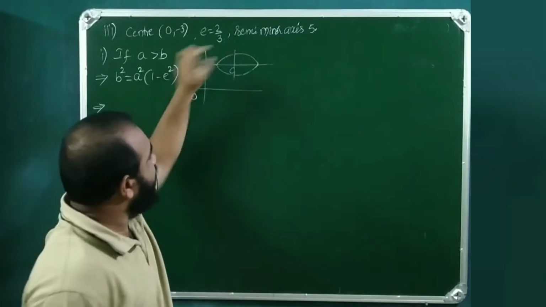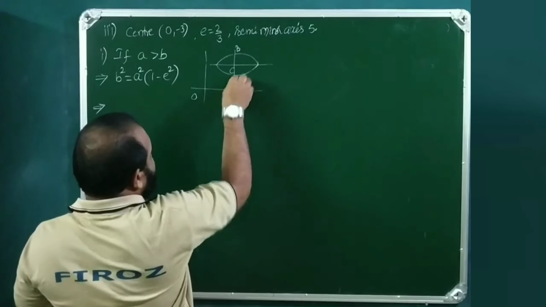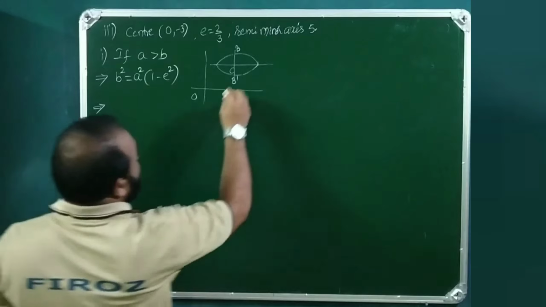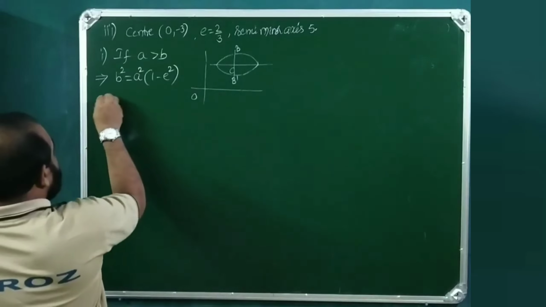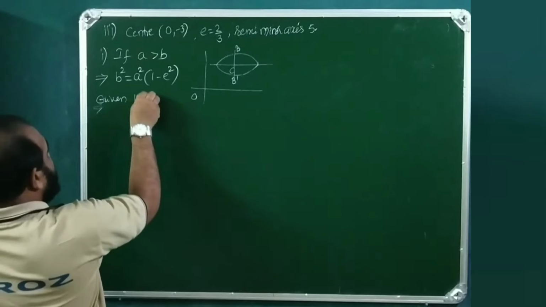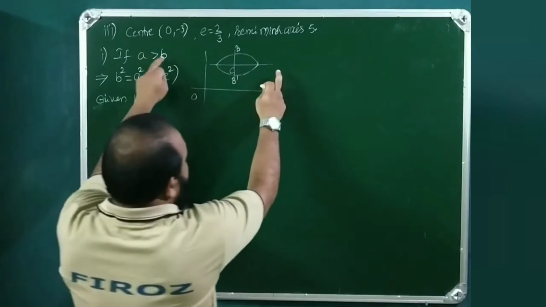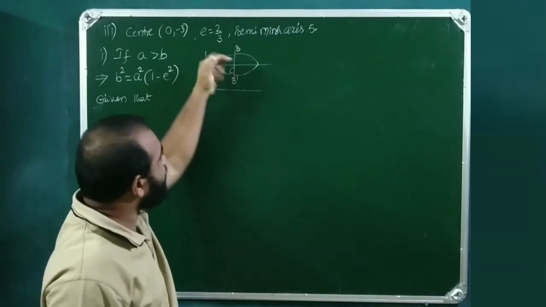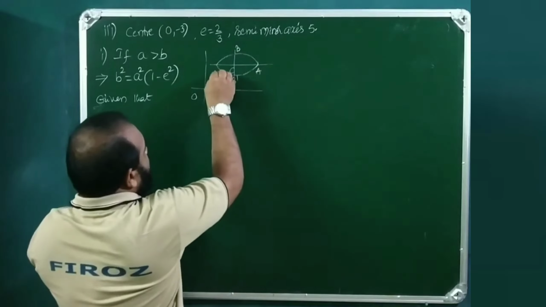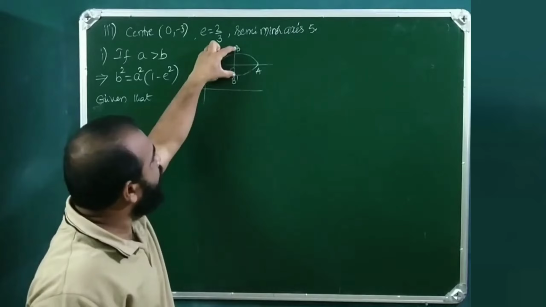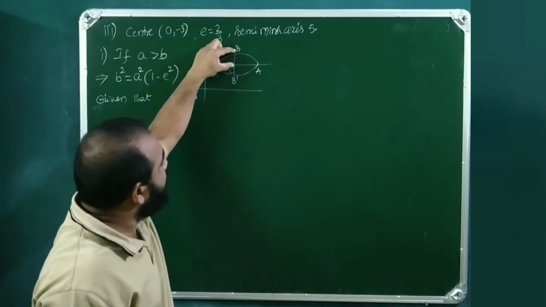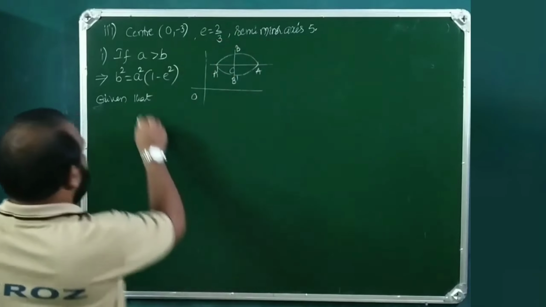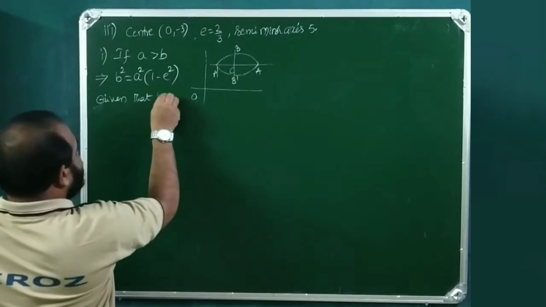For this minor axis B dash, the semi-minor axis means B is equal to the given value. So for A greater than B, this is the minor axis and this A dash is the major axis. B dash is the minor axis where CB is the semi-minor axis. So given that B is equal to 5.